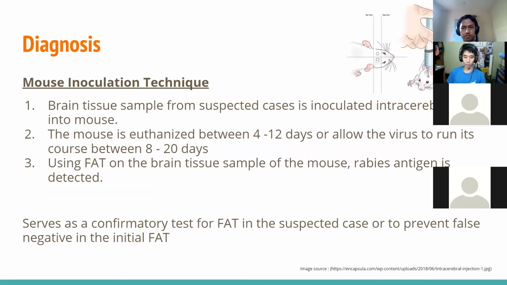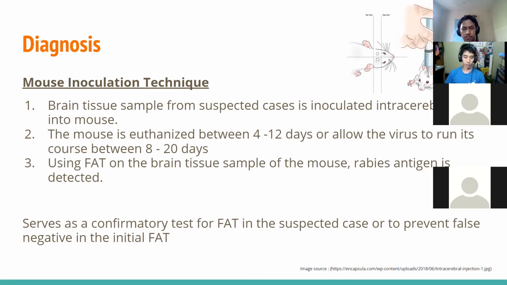This is an example of the mouse inoculation technique. A brain tissue sample from suspected cases will be inoculated intracerebrally into a mouse. The mouse will be euthanized between 4 to 12 days, or the virus is allowed to run its course, where the mouse will die between 8 to 20 days.